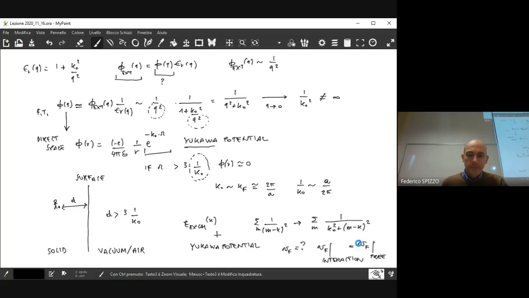So the conclusion is that if you replace the Fourier transform of the Coulomb potential with the Fourier transform of the screened potential, and you make the calculation again, then you find that the divergency disappears.